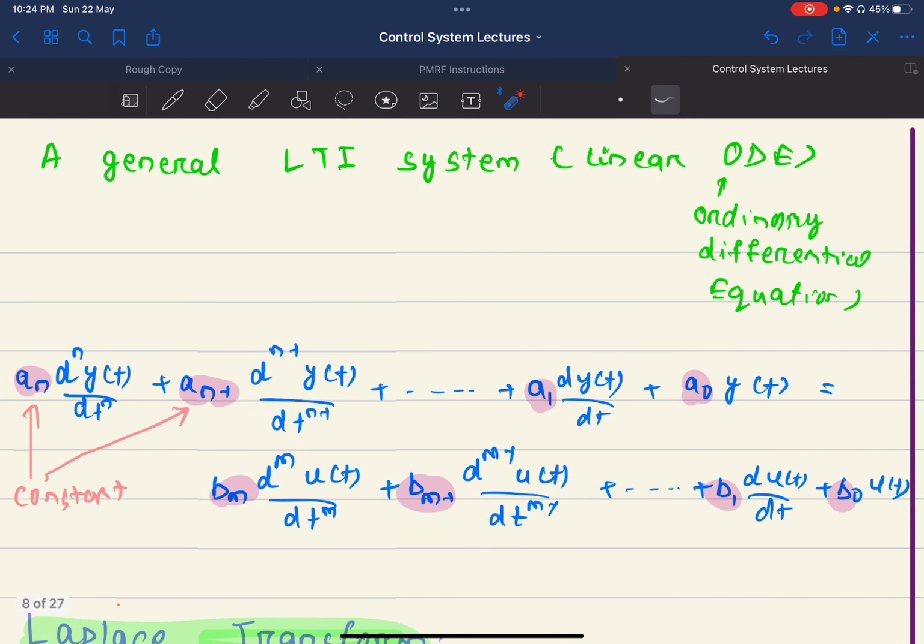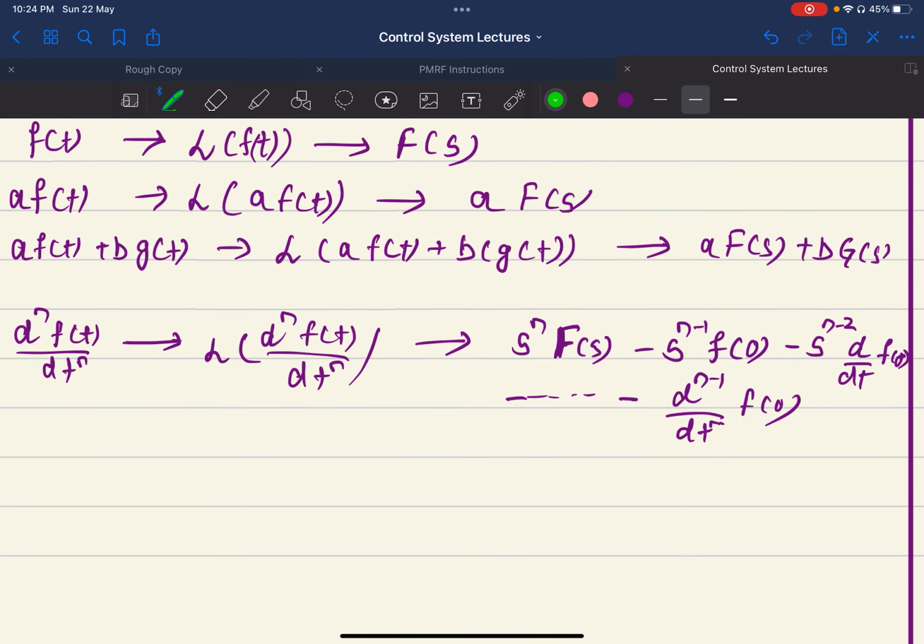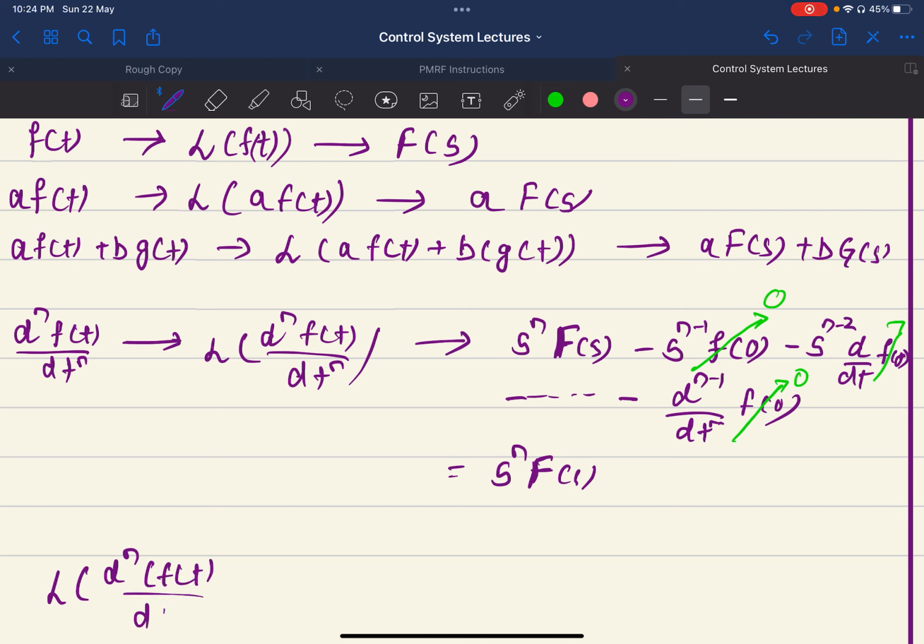If we assume all the initial conditions to be 0, then all these terms will be 0, and we end up with s^n F(s). So for our purpose, the Laplace transformation of d^n f(t)/dt^n will be s^n F(s). Just remember this, it will be a life-saving expression for you.